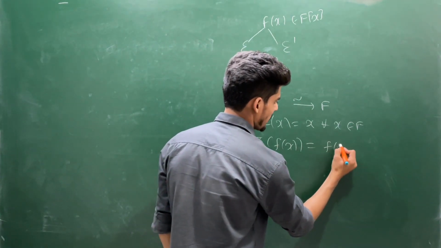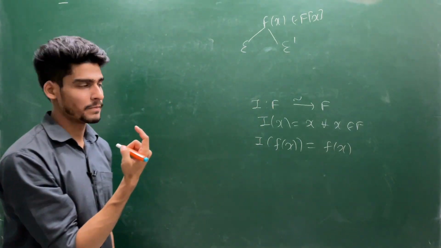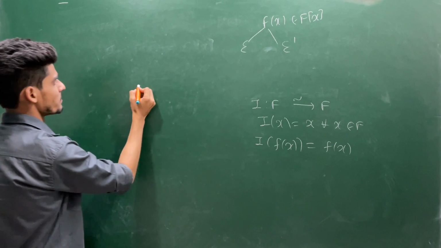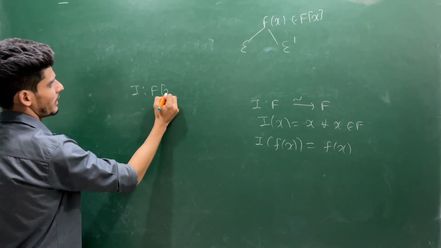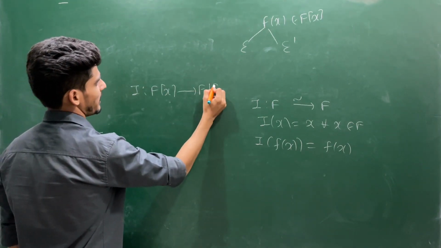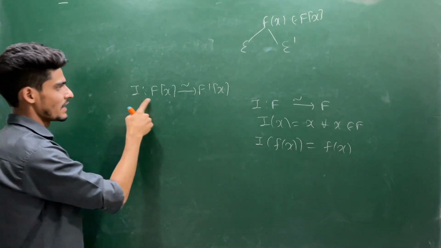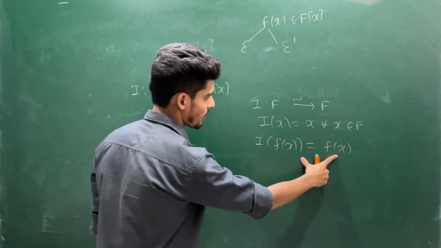This will actually be f(x) if you extend this map, because then correspondingly you have this map I from F[x] to F[x], and this is a ring isomorphism, and this is an identity map. So this will send f(x) to f(x).